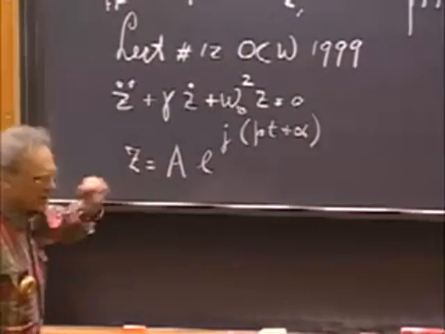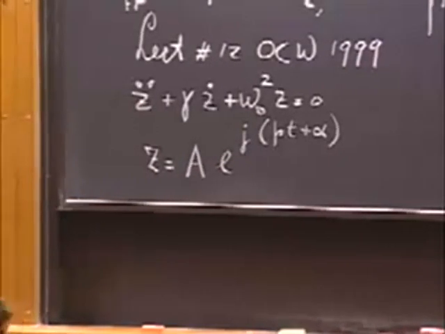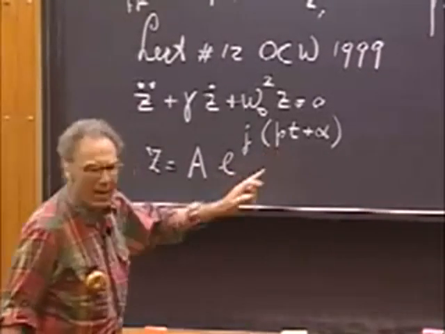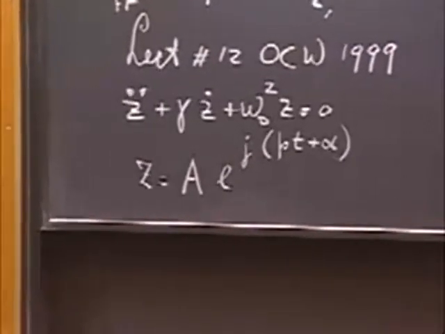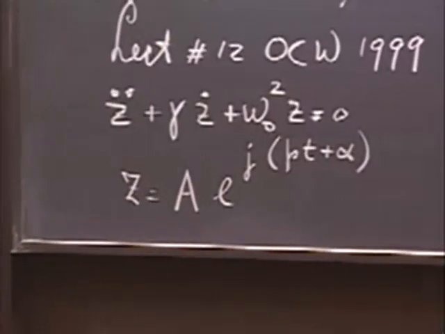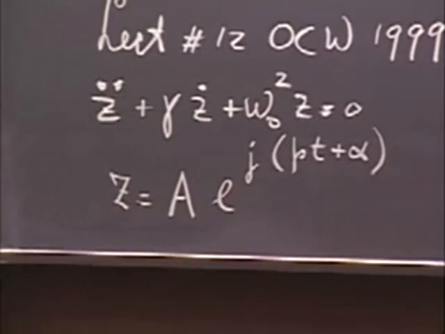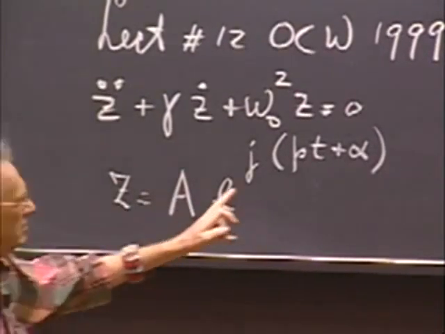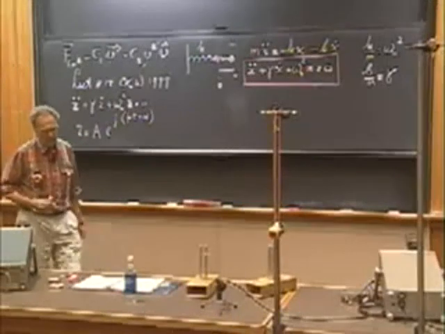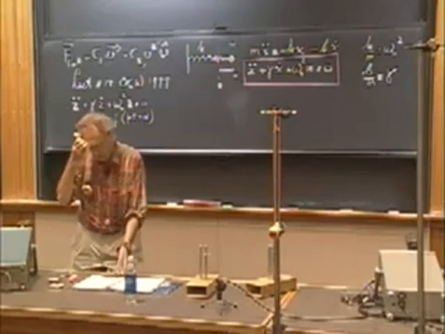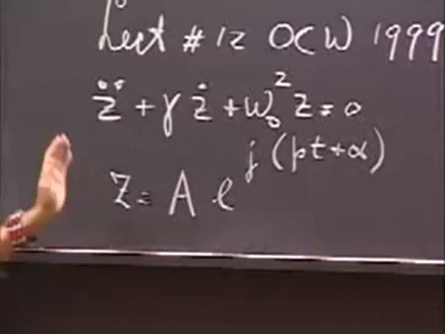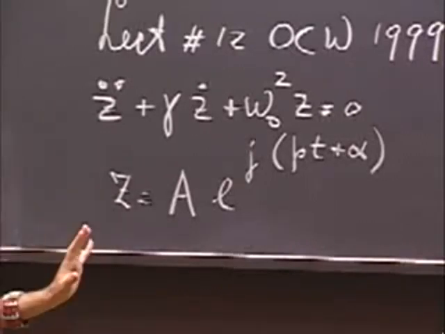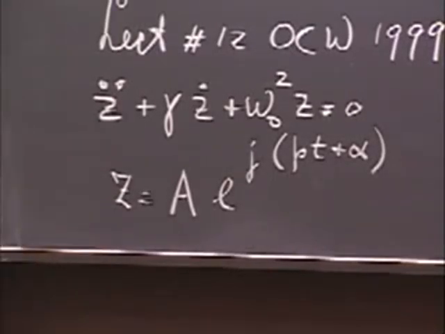Now clearly this has the smell of an amplitude, and anything e to the power jpt has the smell of a frequency. But you will see that you're in for a surprise with this p. Once we have found a proper solution to z, we take the real part and we are in business. Then we go back to x.